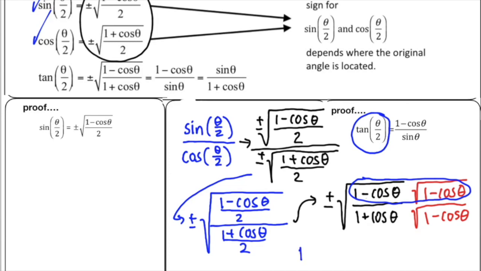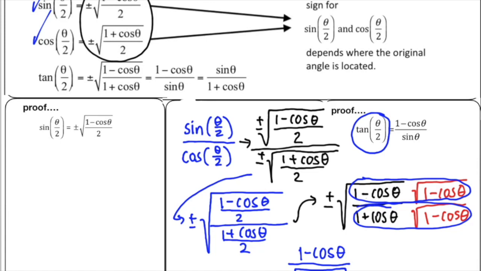I can drop the square root sign, and I end up with that on top. That's good. On the bottom, if I multiply those two together, I'm going to get 1 minus cosine squared.